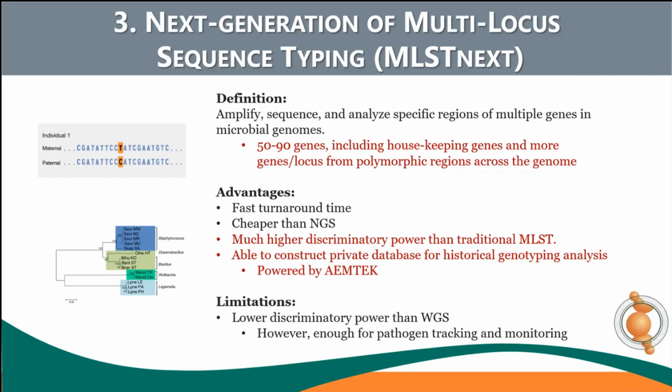These sequenced genes and loci are selected on purpose, spreading across the entire genome from the polymorphic regions. Polymorphic regions are the regions that have 2 or more variant sequence forms. Because more genes and loci are tested, MLSTNEXT has much higher discriminatory power than traditional MLST.